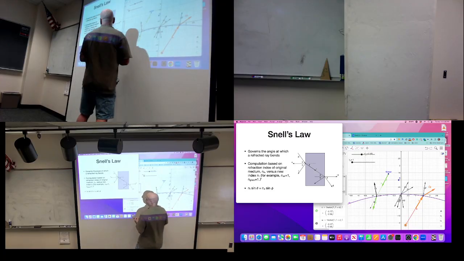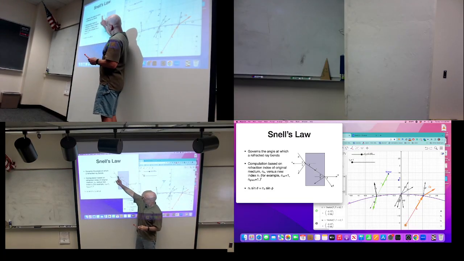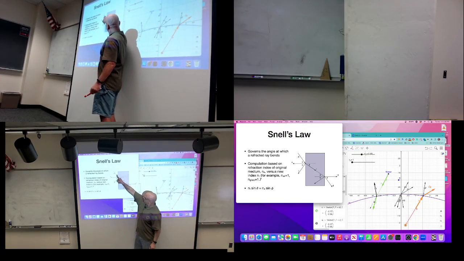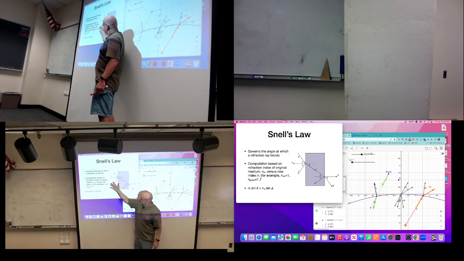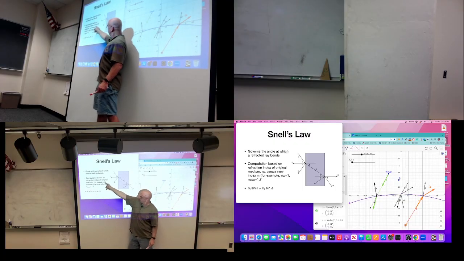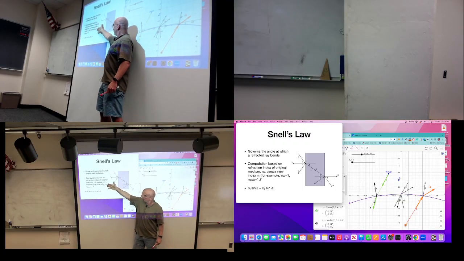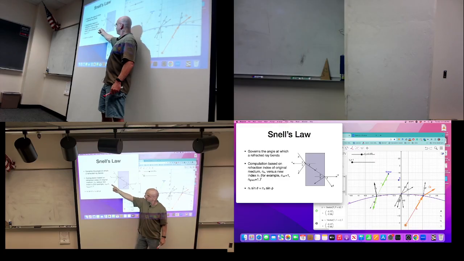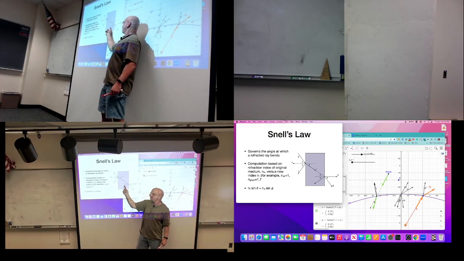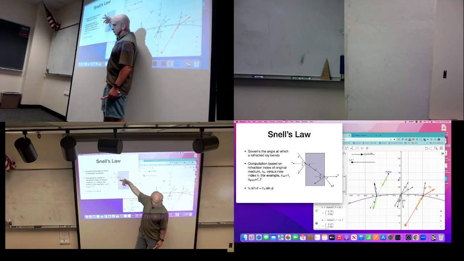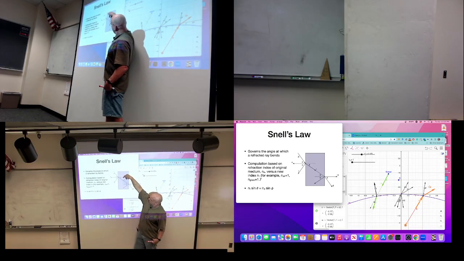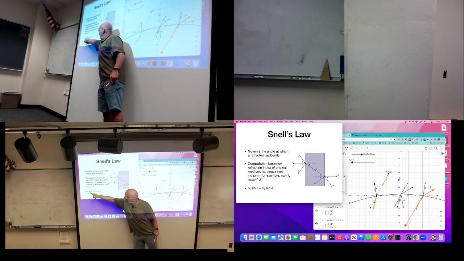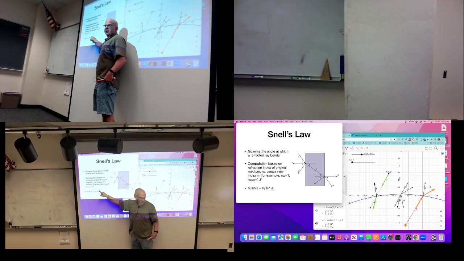And Snell's law tells us, as I mentioned many times in the class, look at theta and phi, depending on the medium coefficient of where you're coming from, say air, and the medium coefficient of where you're going to, say glass. Each one has its own coefficient.